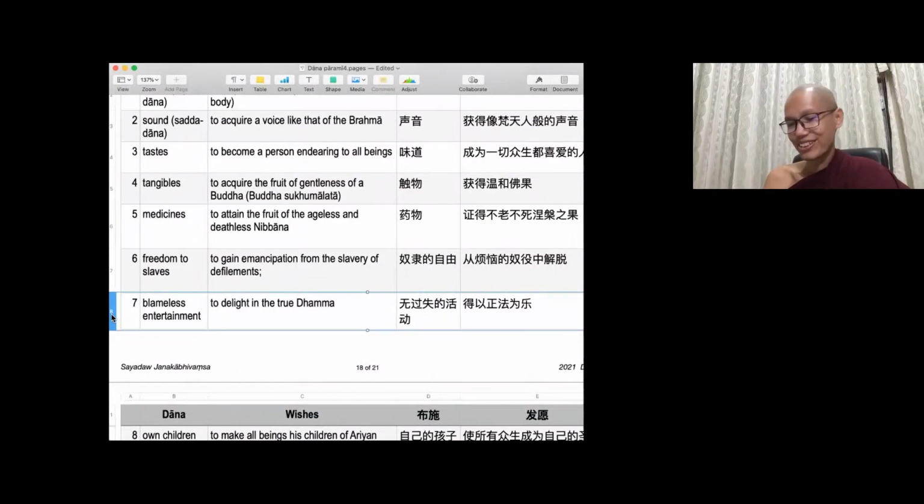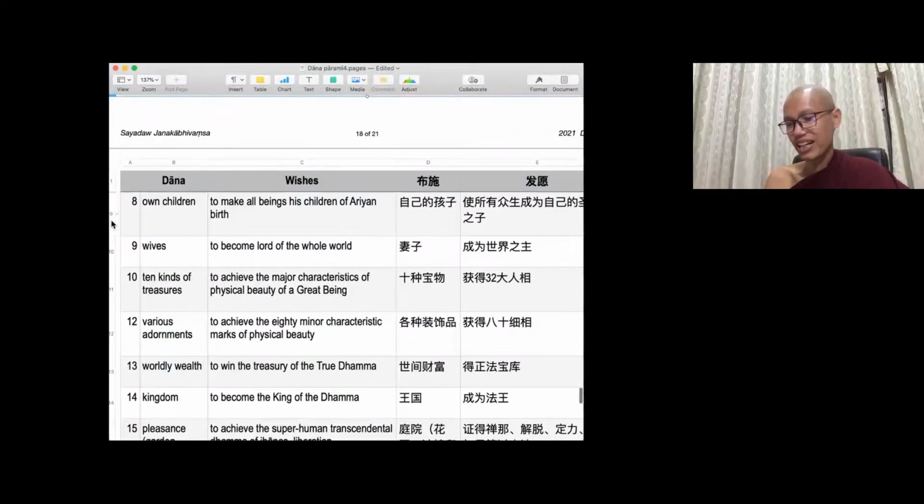So they are not happy in practicing the Dharma. Not to be so, you should donate happiness without fault. So if so, what you should wish is to be happy in the noble Dharma.